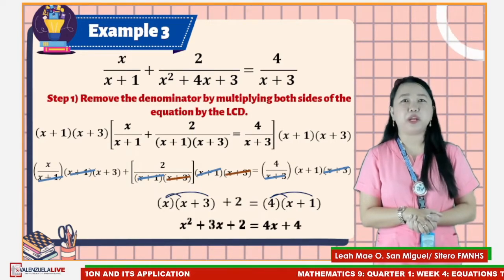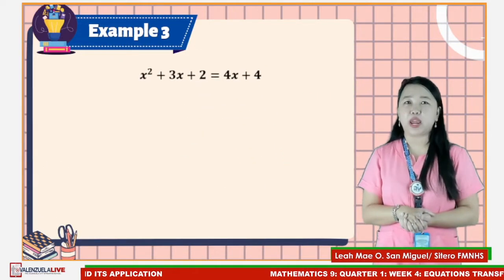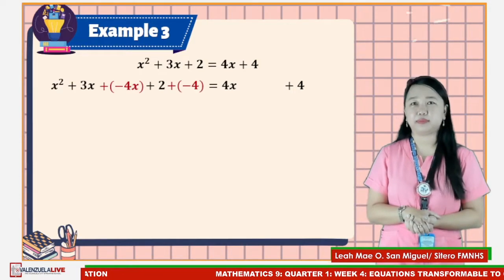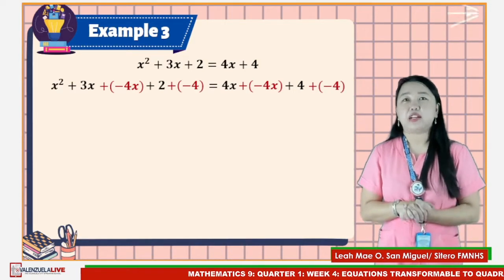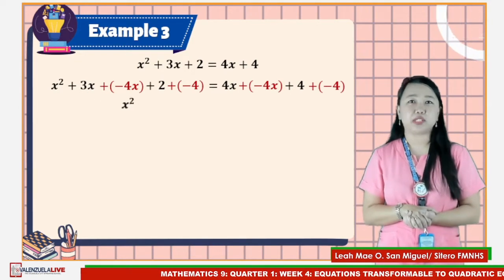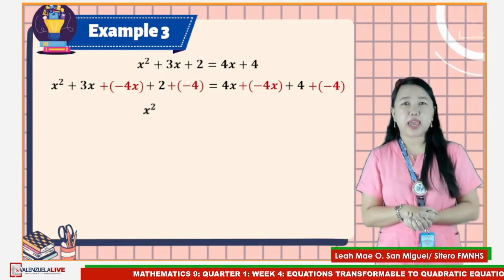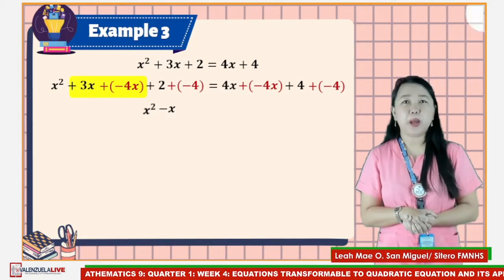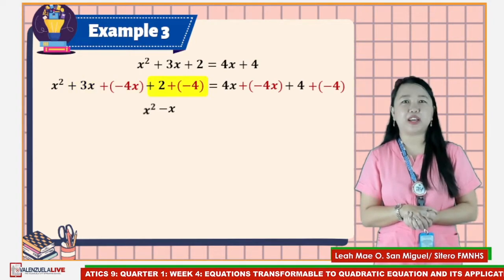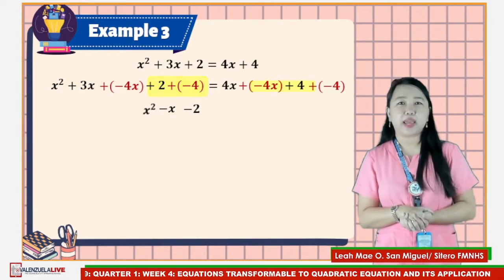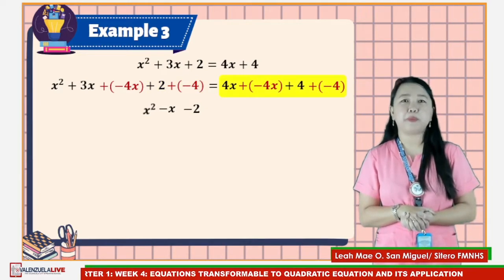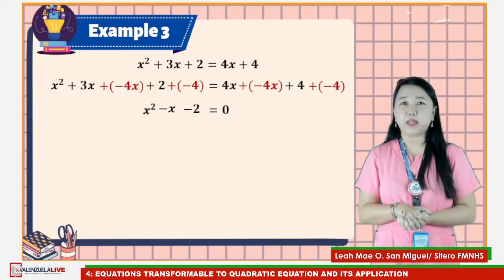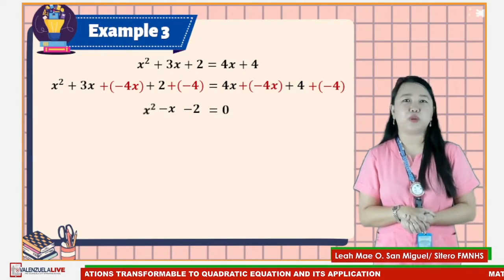Applying addition property of equality by adding negative 4x and negative 4 on both sides of the equation, we have x squared since it doesn't have a similar term. 3x plus negative 4x is equal to negative x. 2 plus negative 4 is equal to negative 2. And 4x plus negative 4x plus 4 plus negative 4 is equal to 0. Then it will be x squared minus x minus 2 is equal to 0.